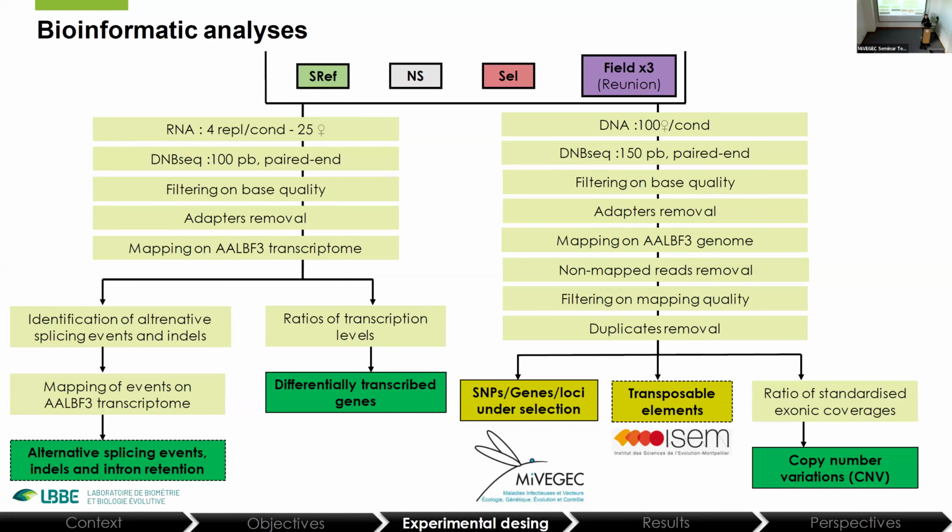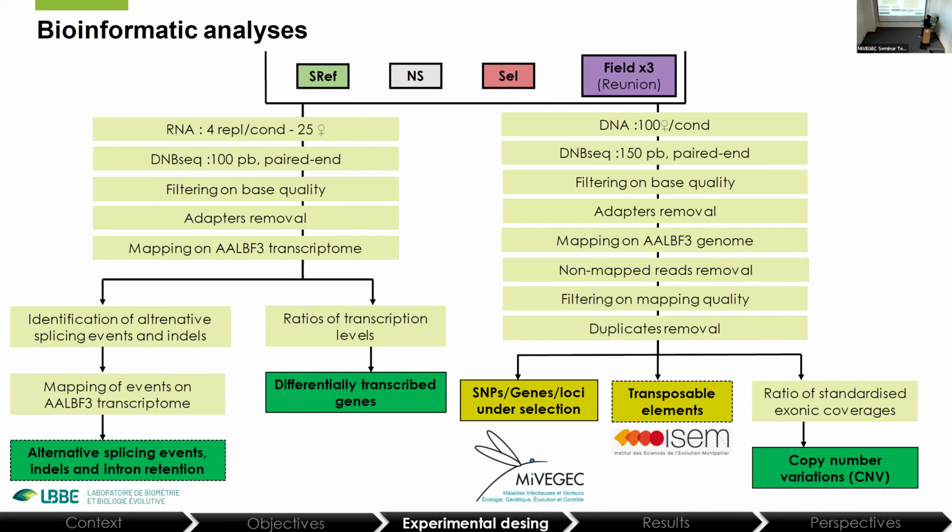So about the bioinformatic analysis, for transcriptomic, for each sample, we use 4 replicates of 25 females that we sequence with the DNBSEQ technology with reads of 100 base pairs paired-end.